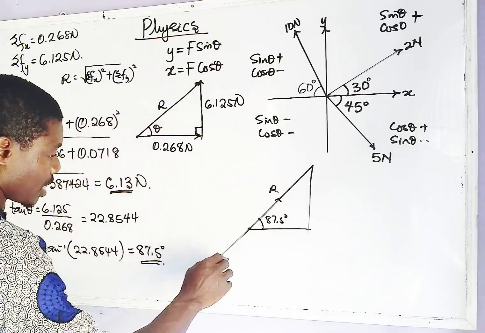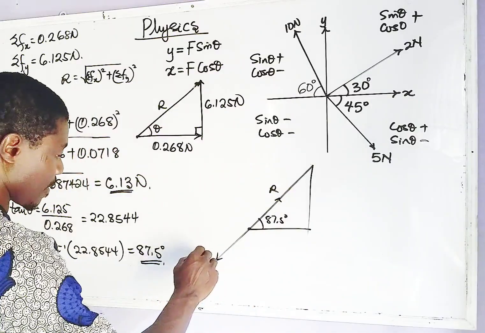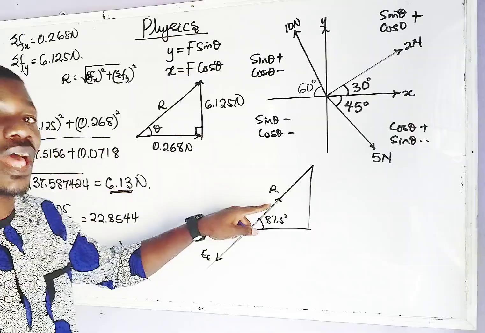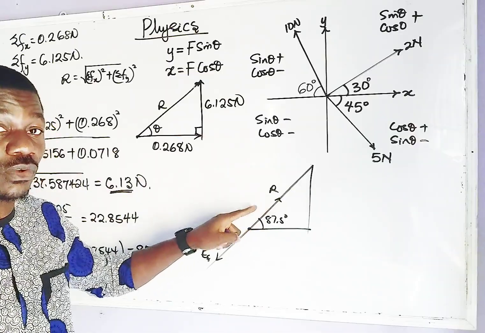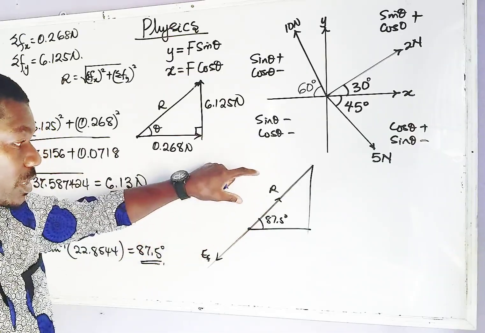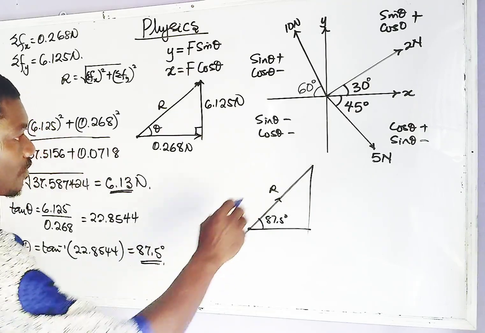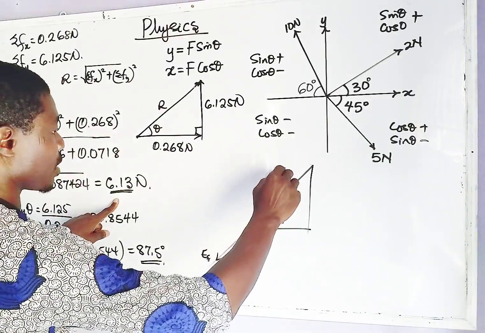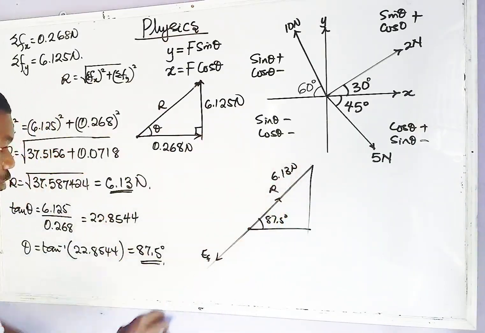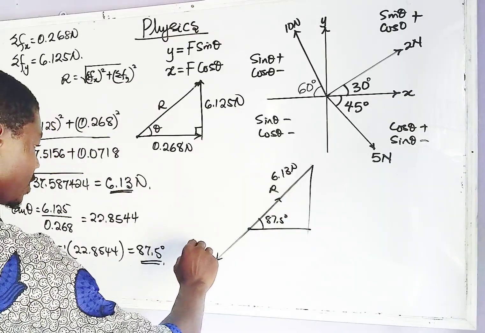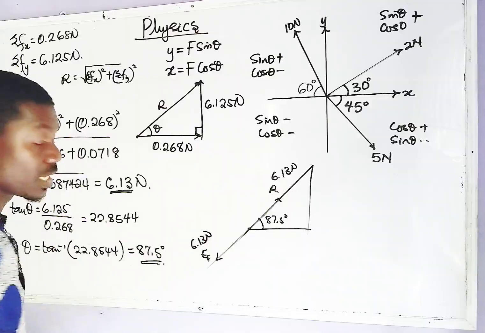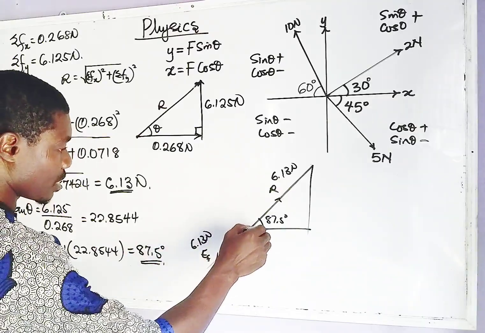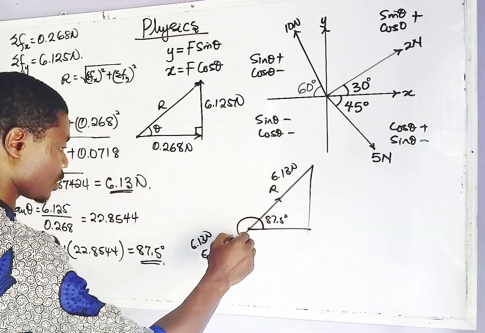Now this one here is the equilibrant force, which always acts opposite to the resultant, but with the same magnitude. So what's our magnitude here? This is 6.13 Newton. This one too will also be 6.13 Newton.